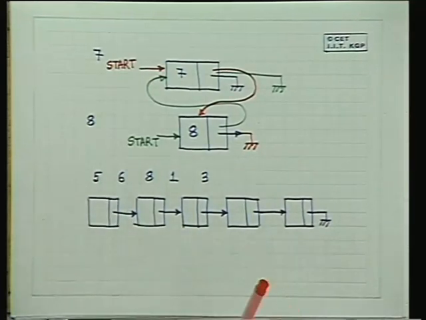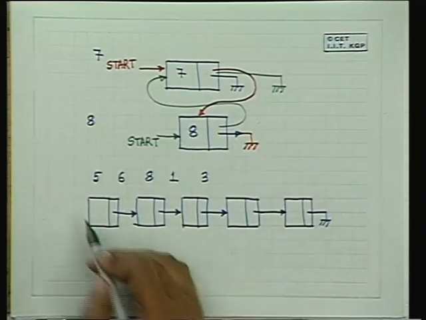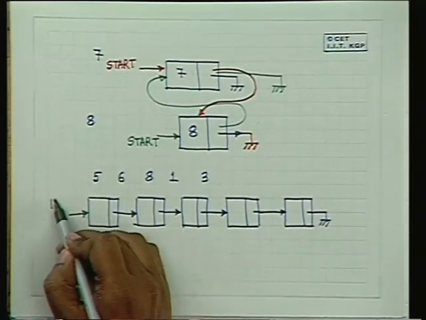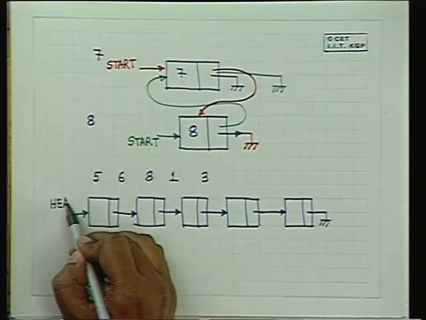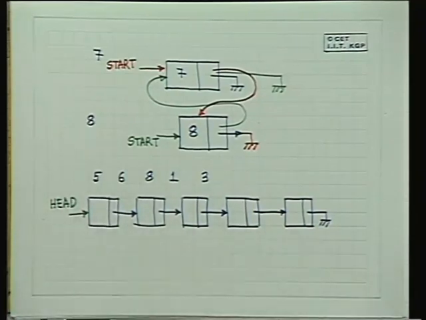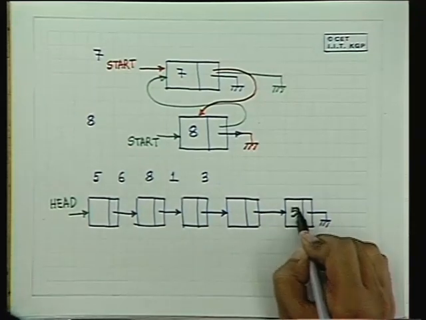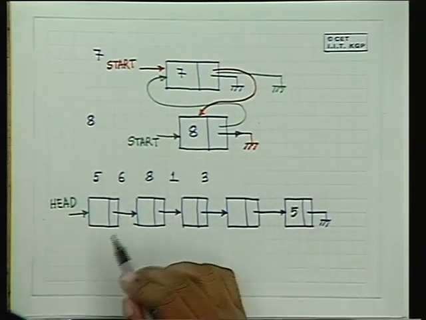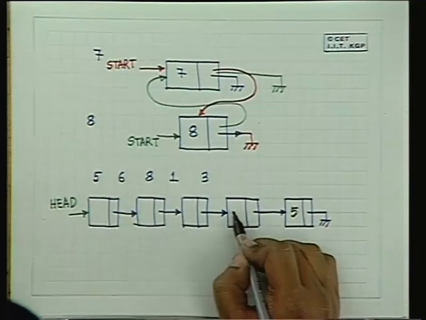it will look like this. This will be the start or the head of the list, and the data elements will be stored because the new element is put in the front.